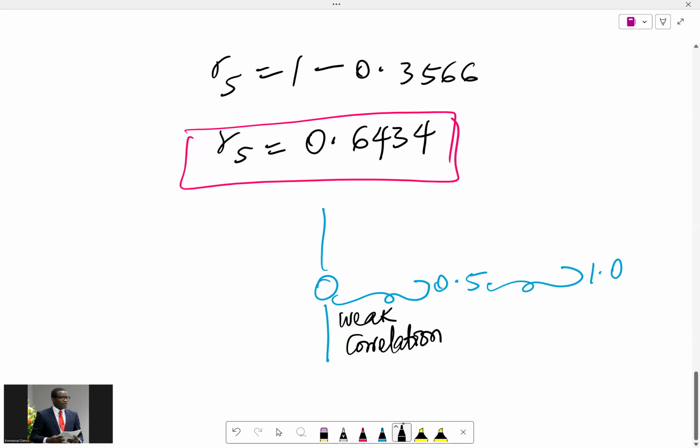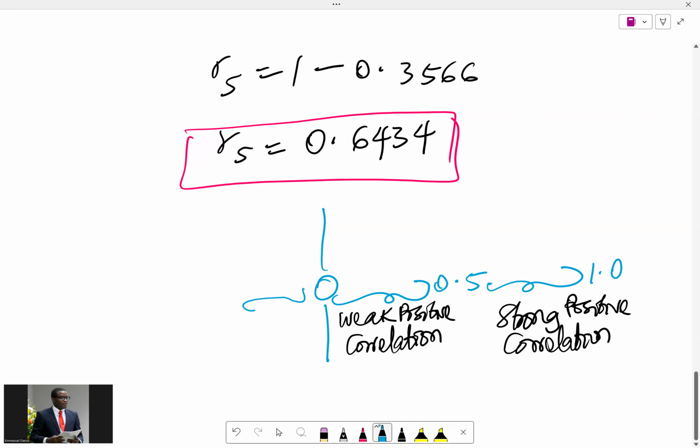We can divide it further, right? But let's just say weak and strong this time. So this is strong correlation. That is weak positive correlation and strong positive correlation. Of course, you can go the other way too, where we have minus 0.5, and then minus 1.0.